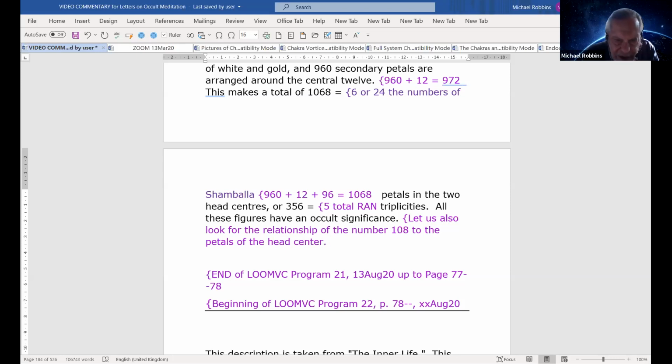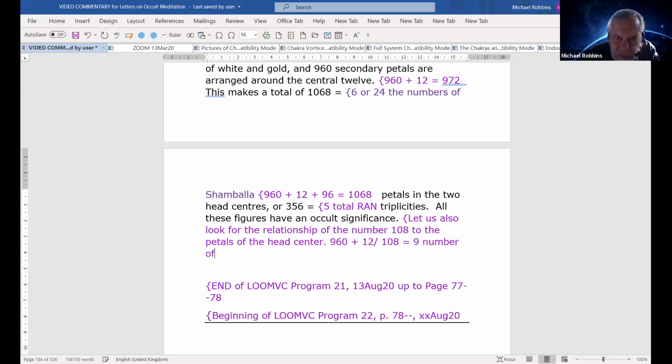And we will find that 960 plus 12 divided by 108 equals 9, the number of completion.